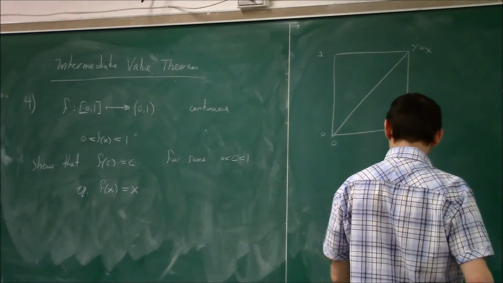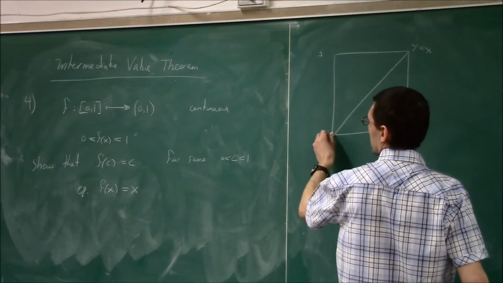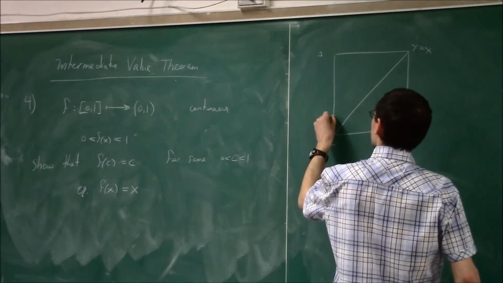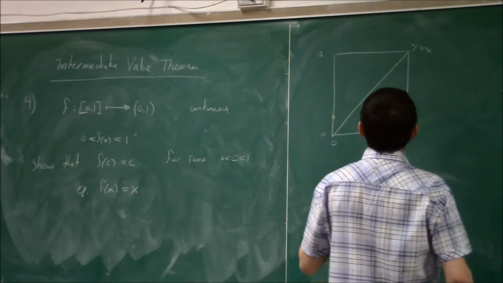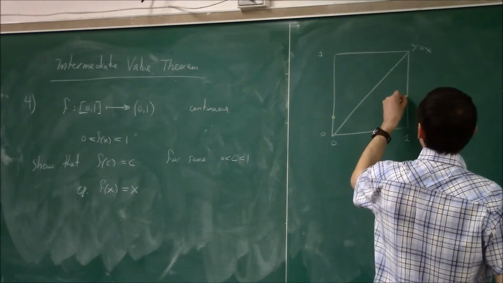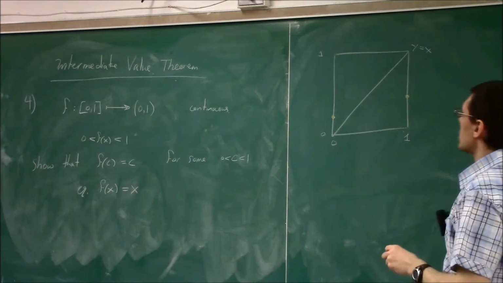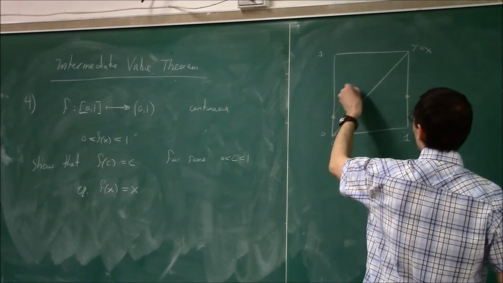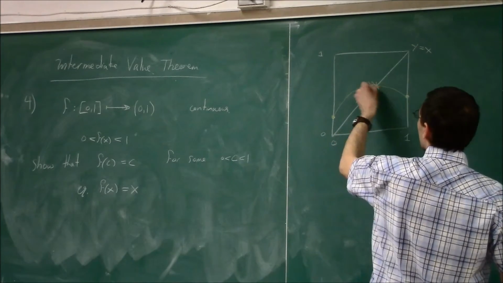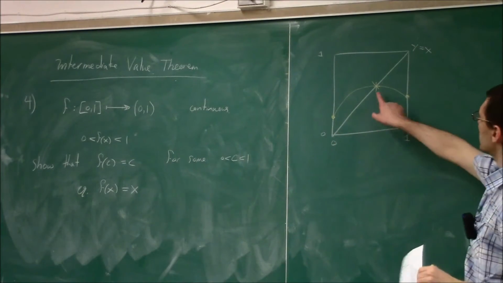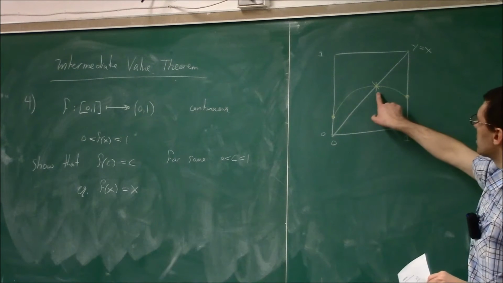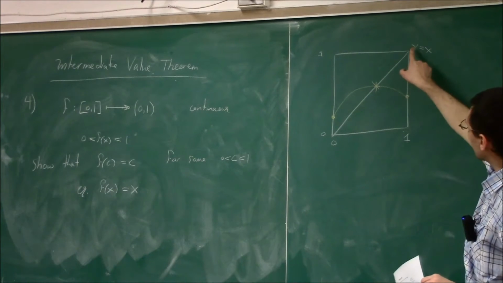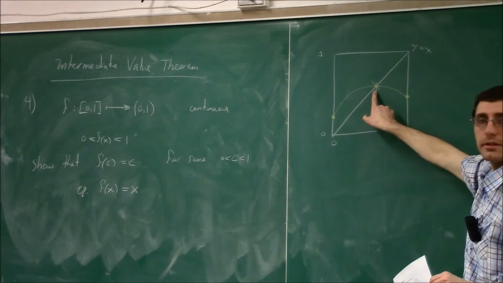First, at 0, the function f of 0 has to be bigger than 0. So it's somewhere here. And f of 1 has to be smaller than 1. So it seems natural that if the curve is continuous, it will have to somehow cross and produce a point that is unchanged. So on the actual curve of f of x and on the curve y equals x, we have an intersection.